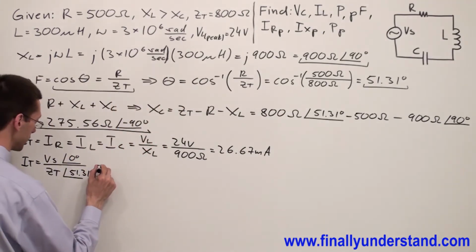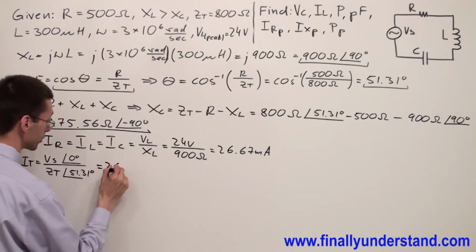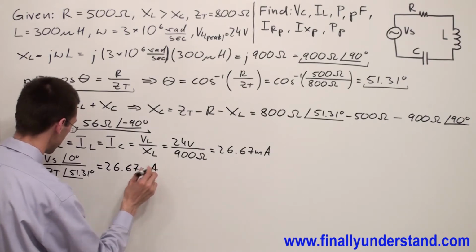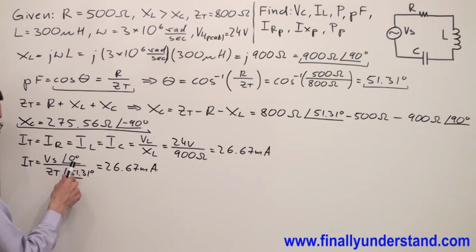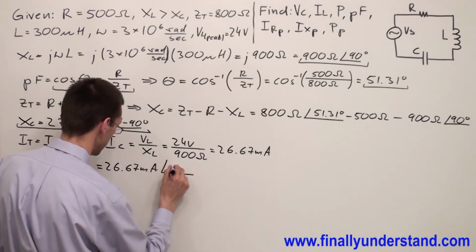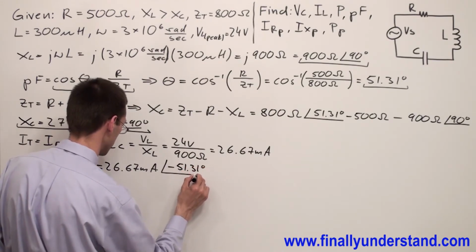So I can write that this is going to be equal to 26.67 milliamps, and anytime we divide complex numbers expressed in polar forms, we're supposed to subtract the angle. So 0 minus 51.31 will give me negative 51.31 degrees.